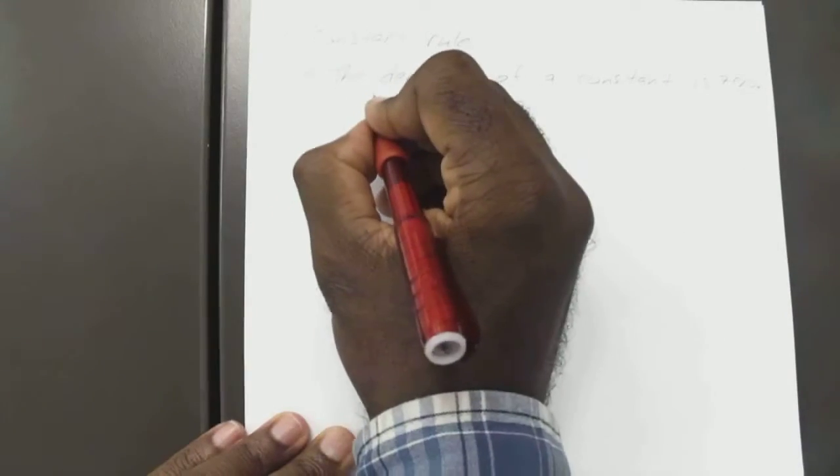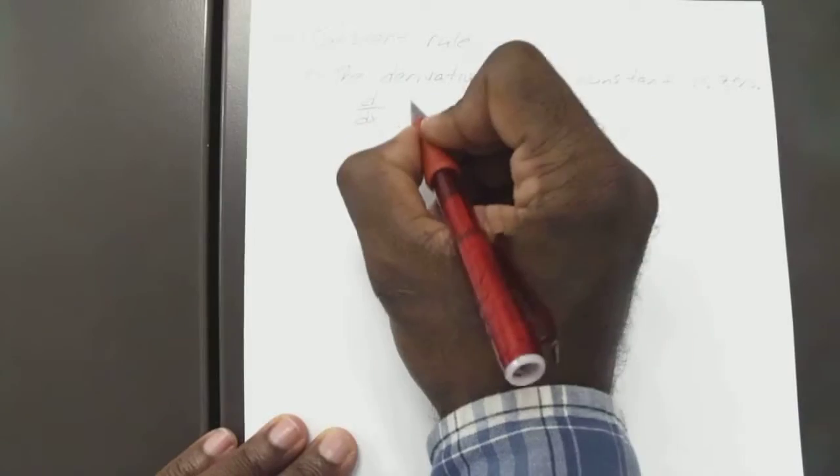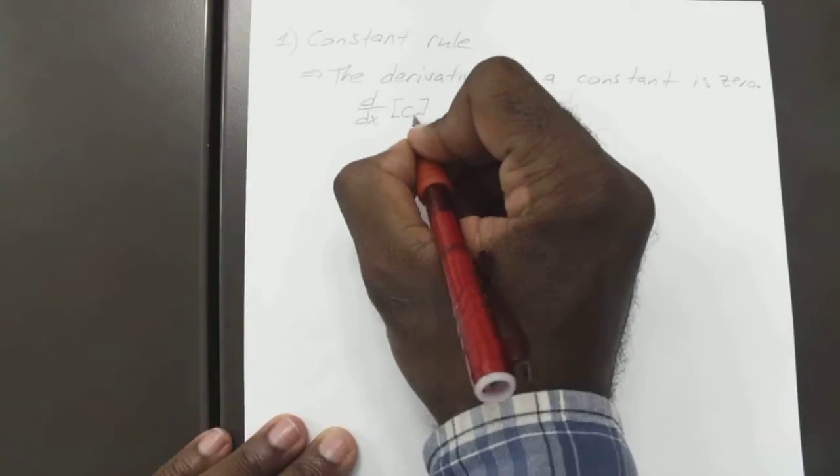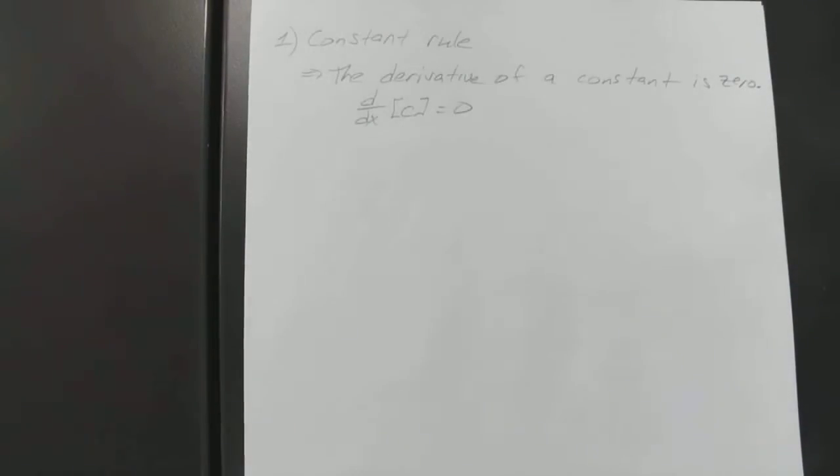That will be denoted as the derivative with respect to x of any constant is equal to 0. The derivative of 12, 20, whatever it is.